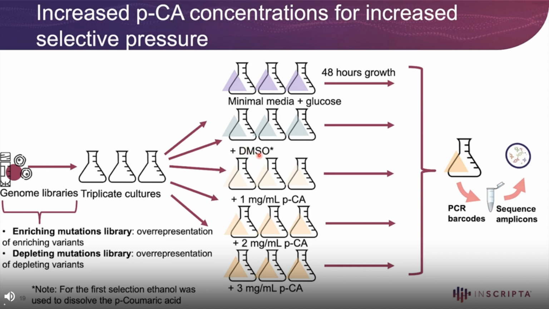However, in this experiment, we used DMSO because we used DMSO to dissolve the Coumaric acid, and this was because we were using higher concentrations, and we saw that when we used ethanol it was just too much ethanol for the cells, and that was causing them to not grow. So instead, we switched to DMSO. And then we had 3 different concentrations of Coumaric acid, 1, 2, and 3 mg per mil. So then the same as before, these cultures were allowed to grow for 2 days, and then the DNA was extracted and the amplicons were sent for sequencing.